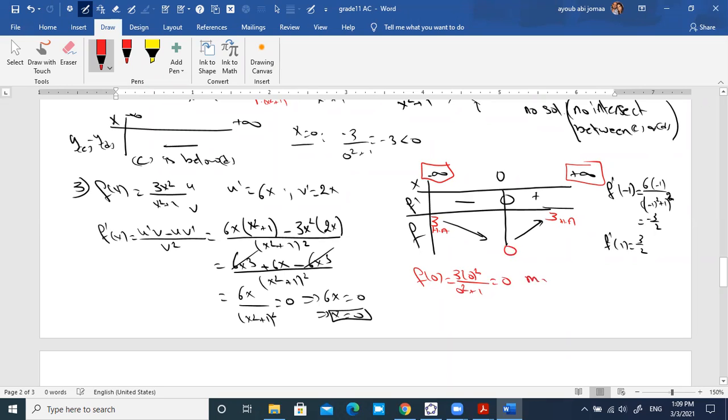So the minimum point is (0, 0), x, y. Clear?